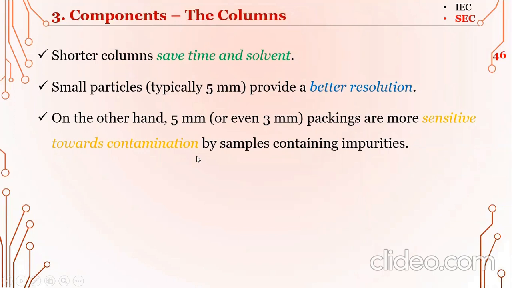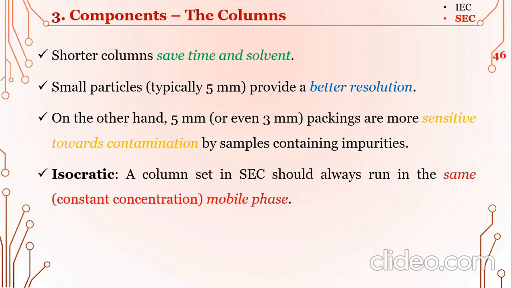So इसका मतलब है कि अगर हम larger pore size use कर लें तो that is better. And isocratic क्या है, that is a column set of size exclusion chromatography that should always run in the same mobile phase. अगर हम mobile phase concentration same रखें, constant रखें, that will mean isocratic.